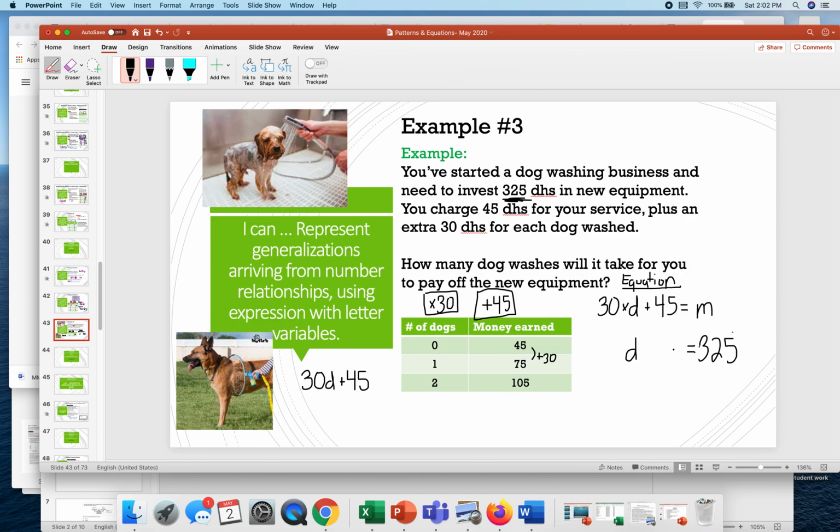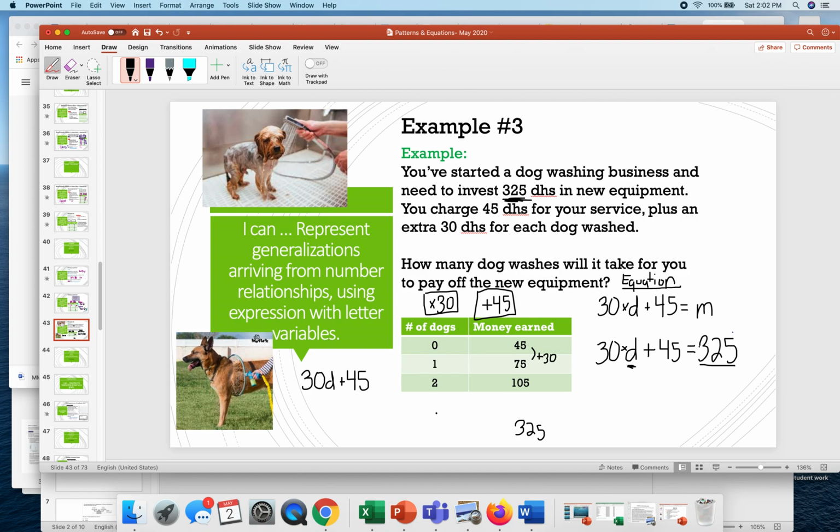I'm just going to write in the rest of my equation here: 30 times d. I do not know how many dogs I have to walk, but I know I have to get 325. Just like down here, we know that 325 is down here.